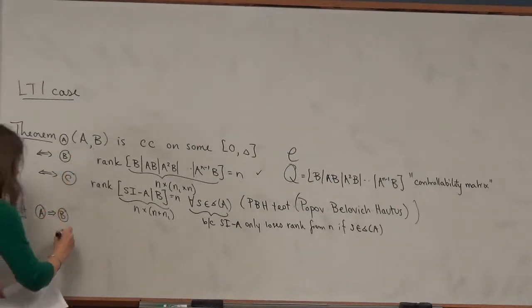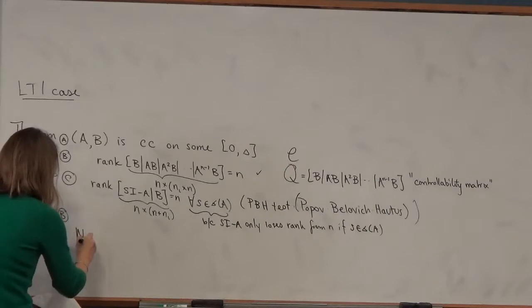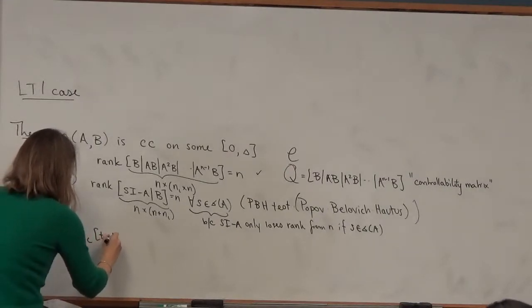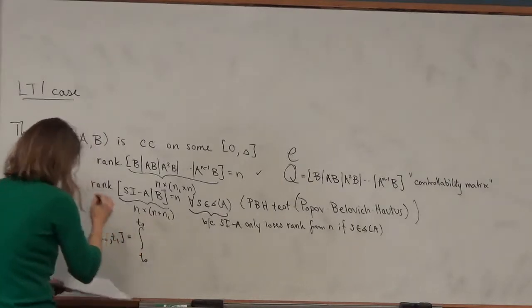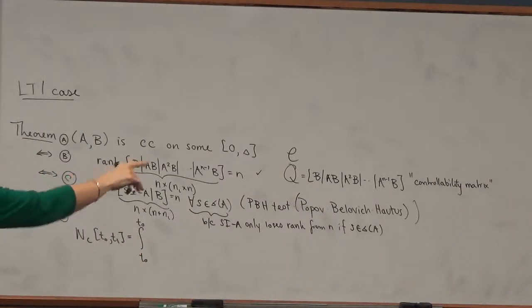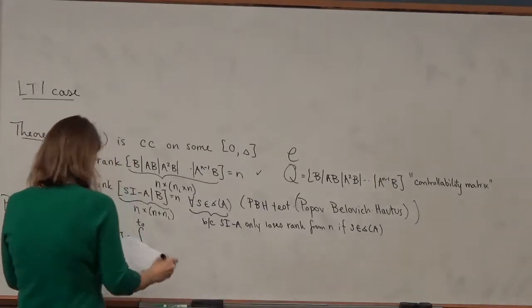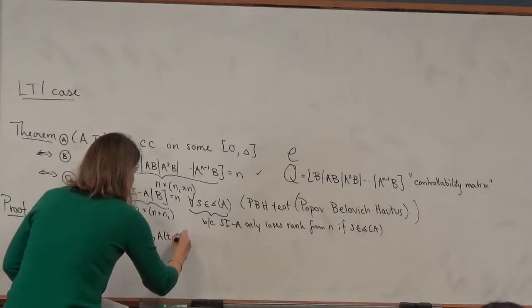Okay, so let's go from A to B. So completely controllable. Well, we know what it means for a system to be completely controllable. We have the Grammian test. So let's go back and write what the Grammian is. Let's just choose some T0 to T1 and write it for this time invariant system. So we have the controllability Grammian over there. So phi of T1, tau, we know what that is. It's e to the A (T1 minus tau).